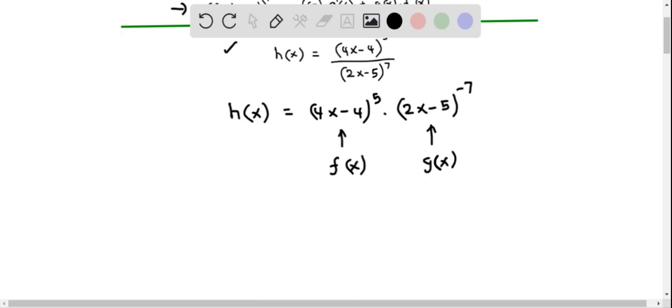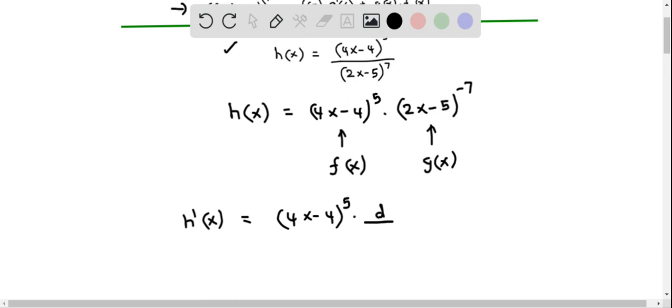And so when we apply the formula of product rule, we write h prime of x, which is the derivative of h of x, and this equals, we write the f of x now. So it is (4x minus 4) raised to the power of 5 times we find the derivative of g of x.